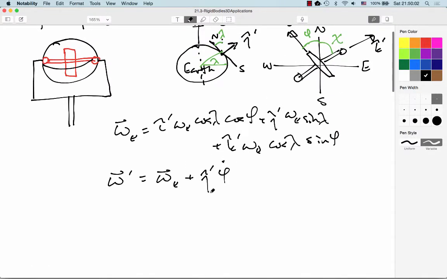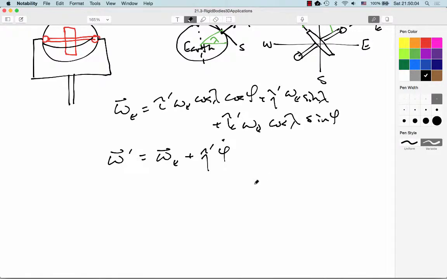Or I'm sorry, yeah. And the gyro compass will be churning at psi dot times k hat. So we can express our omega, which is the rate at which the gyro compass is rotating, as the omega prime plus the rotation of the gyro compass in there.